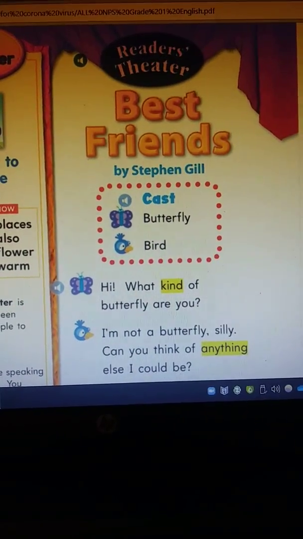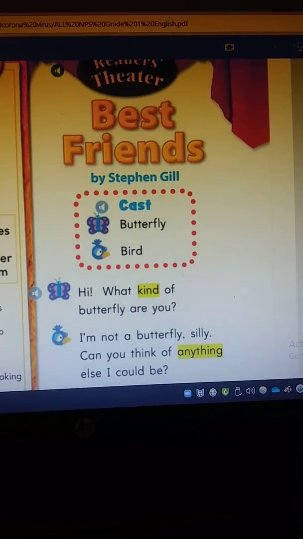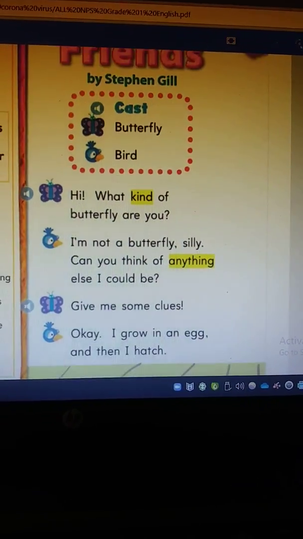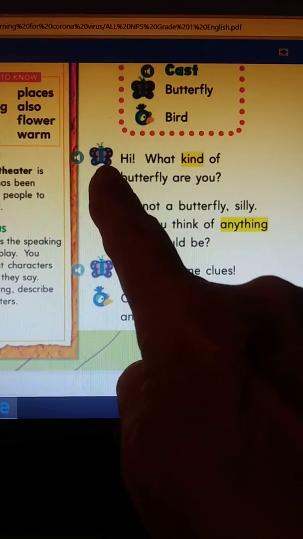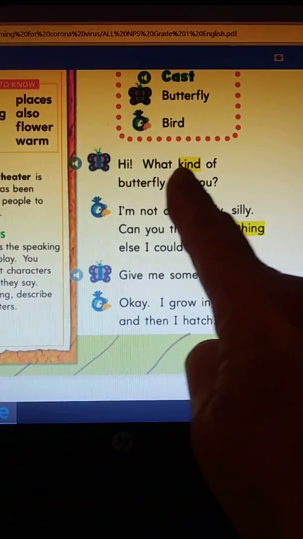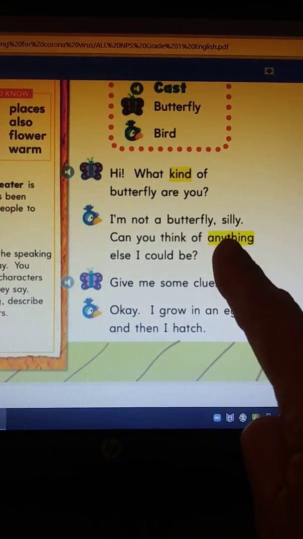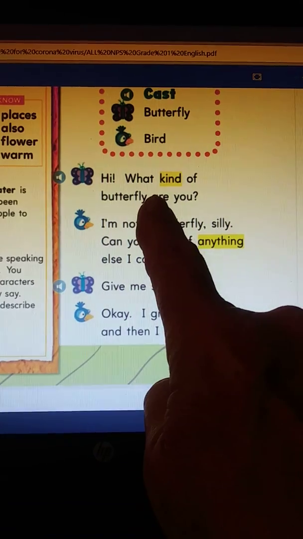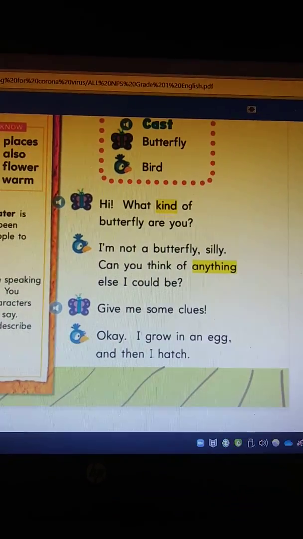We know that technology does not always work. There we go. If we look here, this is a little different than a regular story. This has a picture of a butterfly and then some words, and then it has a picture of a bird and then some words. The words that are next to the butterfly are the words that the butterfly says, and the words next to the bird are what the bird says.